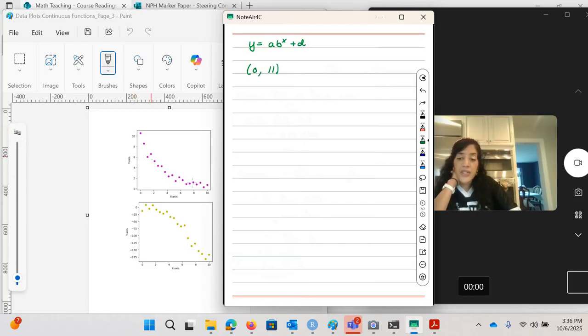The second thing I notice is that this thing looks like it's leveling off at 0. The D that's there tells you where it levels off. Since it looks like it's leveling off at 0, I'm going to assume that D equals 0.